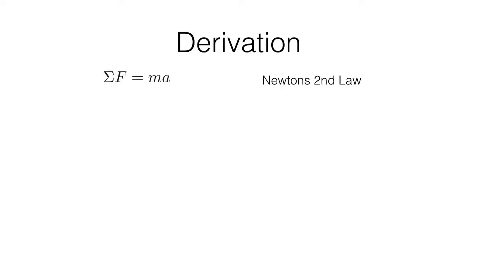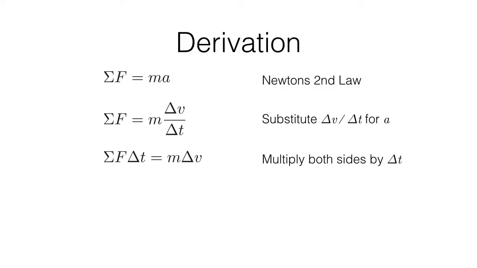So Newton's second law: net force is equal to mass times acceleration. If we substitute change in velocity over time for the acceleration, we get this expression. And then we can multiply both sides by the change in time to give net force times time on the left and mass times change in velocity on the right.